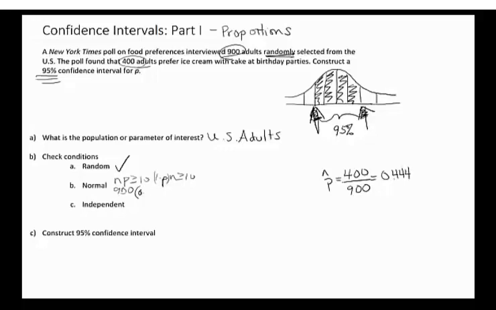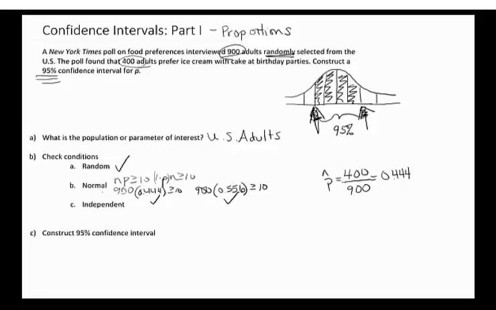So 900 times 0.444 is almost 400, so that works. What about 900 times the opposite, 1 minus 0.444, which is 0.556, I believe. And that's also going to be well above 10. So it is going to have a normal shape, this distribution.